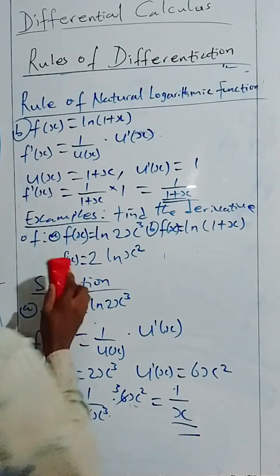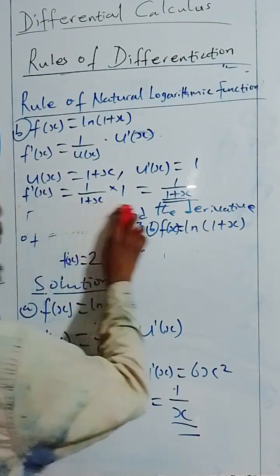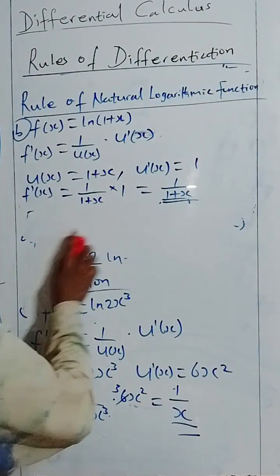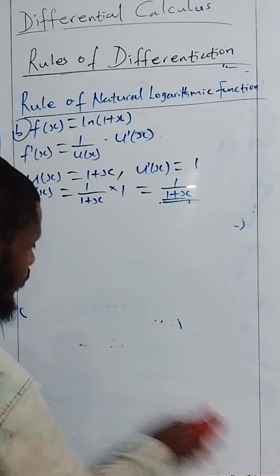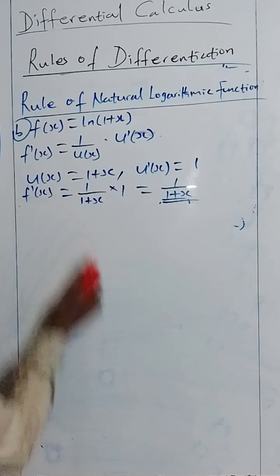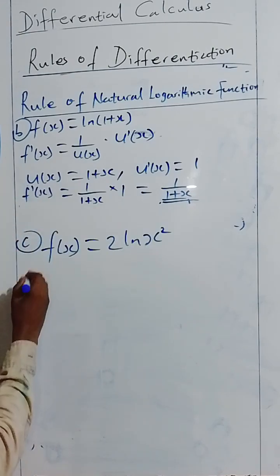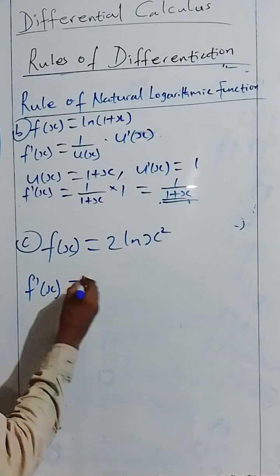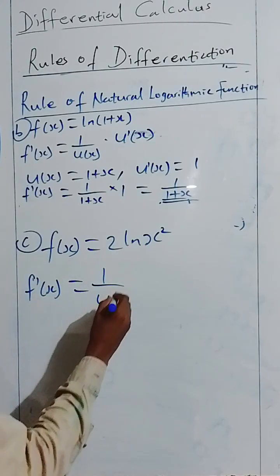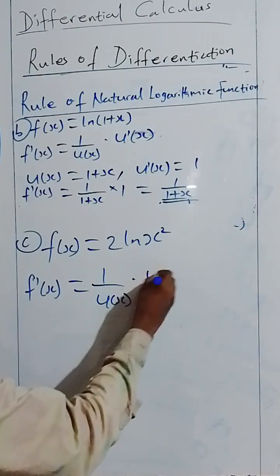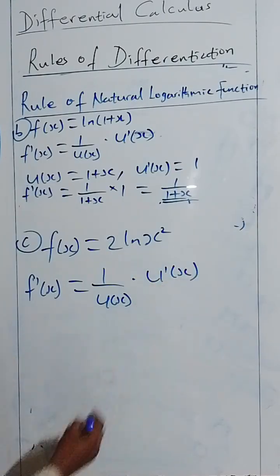Now, for the last one, the rule says that f prime of x is equal to 1 over u of x, then multiply by u prime of x, that is the derivative of the function.